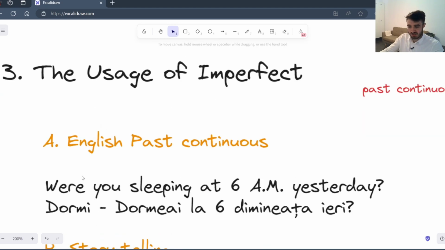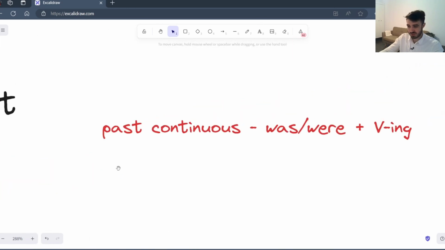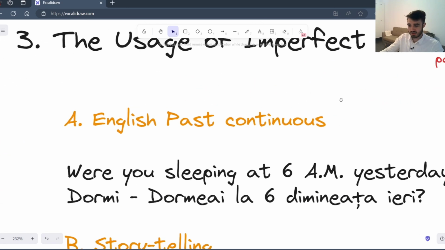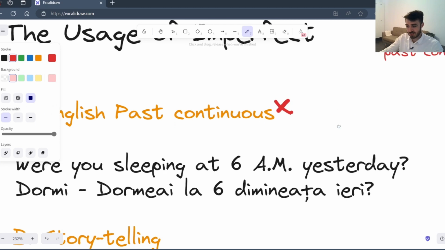Every time you'll see past continuous in English, you will use it in Romanian too. In other languages, like for example Spanish, you will have the imperfect but also the past continuous. There are two, but in Romanian you just translate it the same. Also bear in mind one very interesting thing here in English. Era.